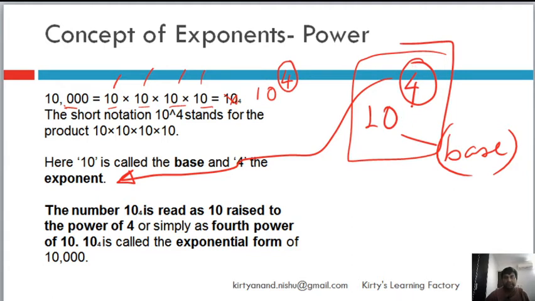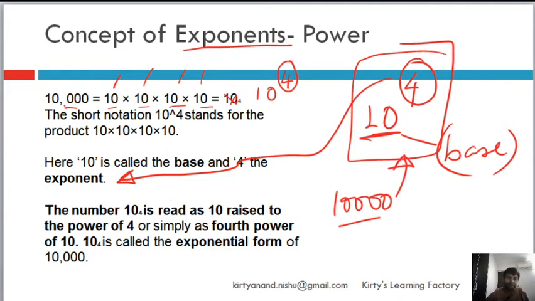The power itself is called the exponent, and the base number is called, obviously, the base. This method of representing a number is called exponential form of the actual number, 10,000. So 10,000 when expressed in exponential form is nothing but 10 raised to the power 4.